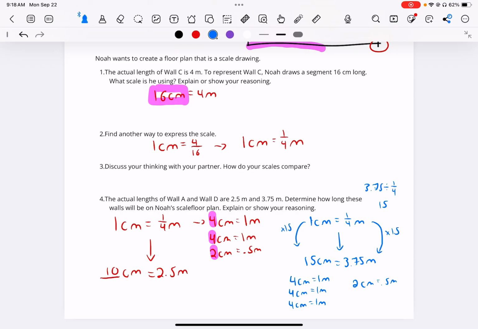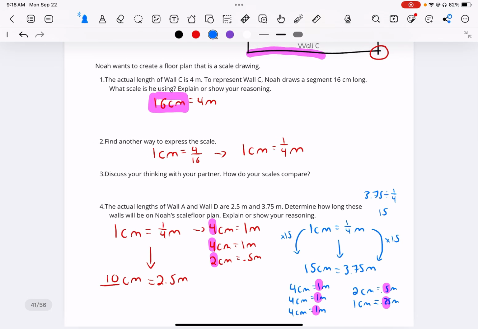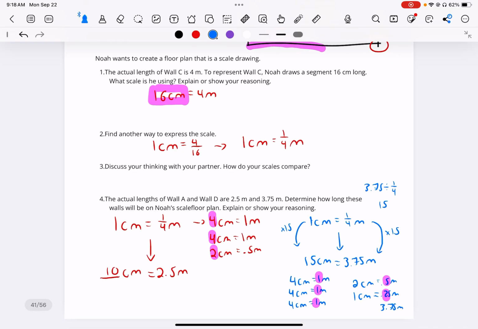And then I need another half of that 1 centimeter to be 0.25 meters. So altogether, I have 1, 2, 3 and a half, 3.75 meters. And when I add up my centimeters, I have 4, 8, 12, 14, 15 centimeters.